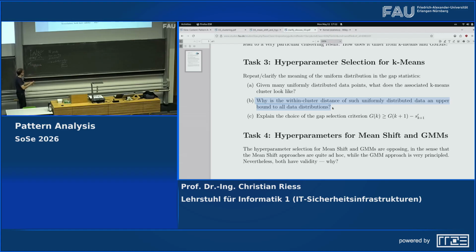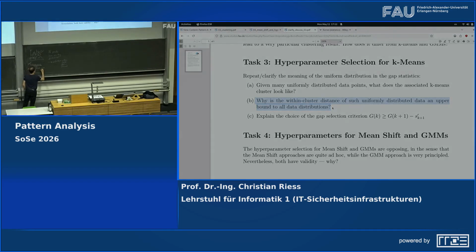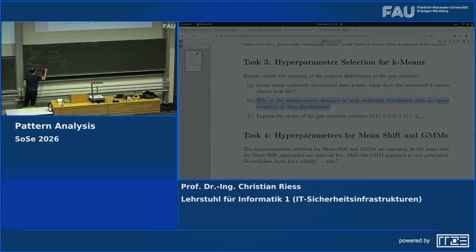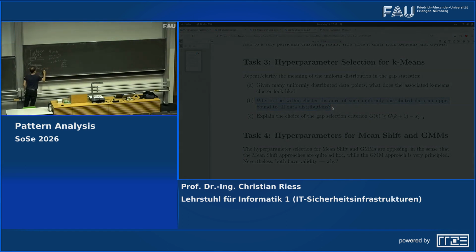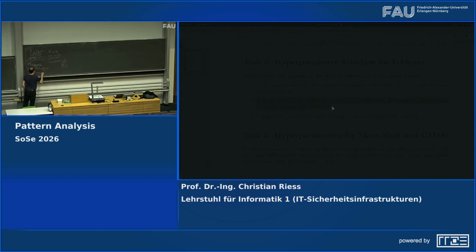So redistribute some probability mass. This means we have to take something away from some location and put it somewhere else.